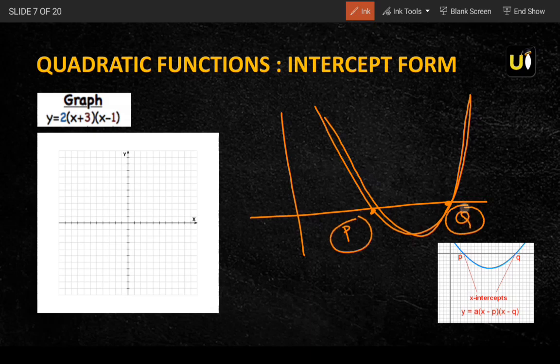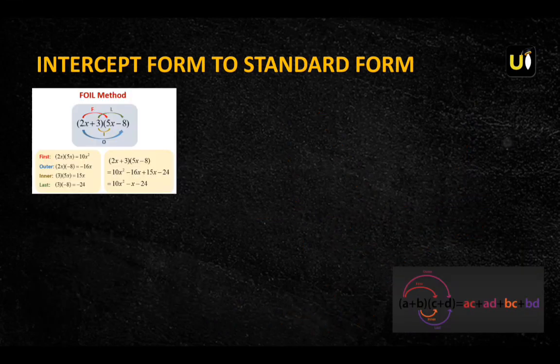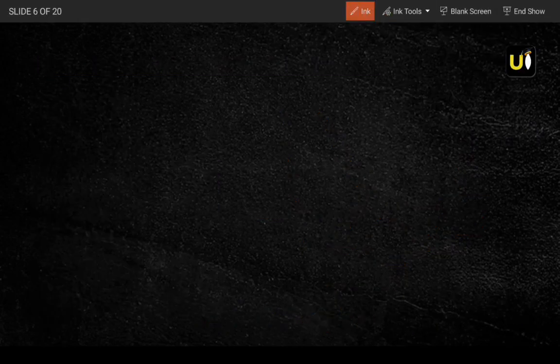So now let us set this to 0. What is the function we have? y is equal to 2 into x plus 3 into x minus 1. Okay, now let's draw the graph.